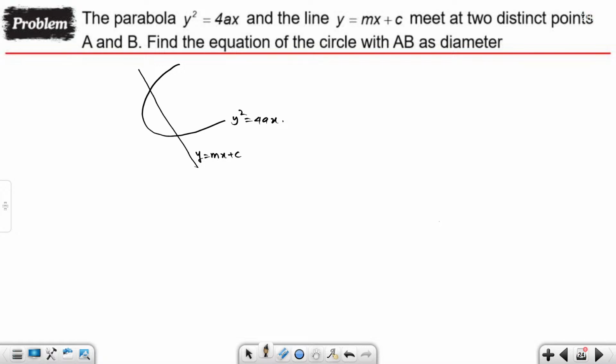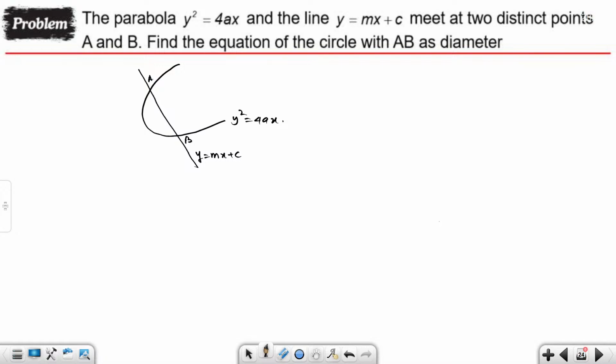Now they're saying that they are meeting at two distinct points A and B. Find the equation of the circle with AB as diameter.